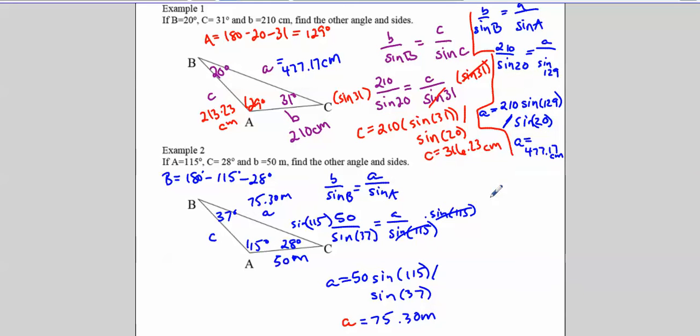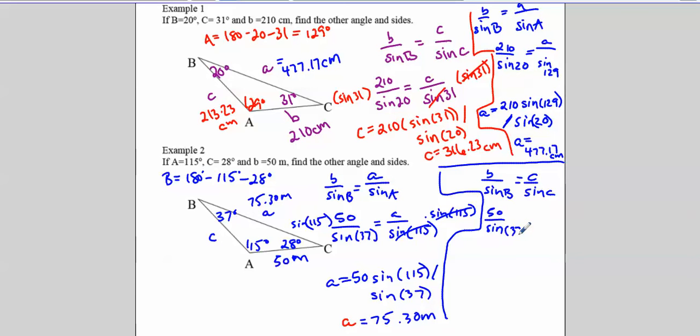Alright, so now we have to find side C. So we're going to go back to our original information about B. We're going to do B over sine B equals C over sine C. And we're still going to have 50 over sine 37 equals C, I'm trying to find C, divided by the sine of 28.